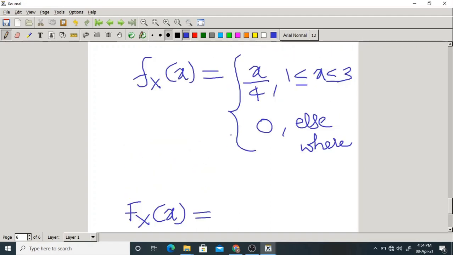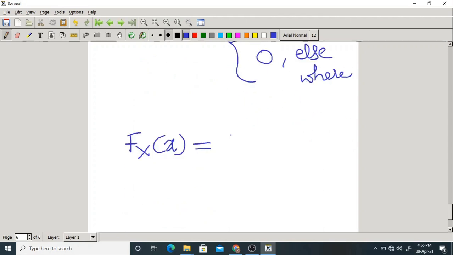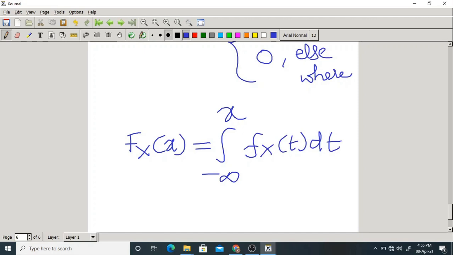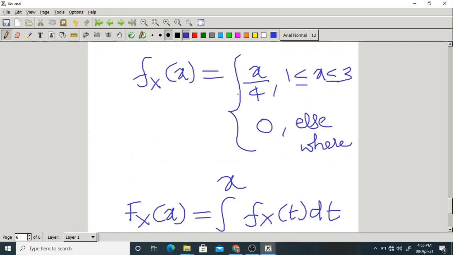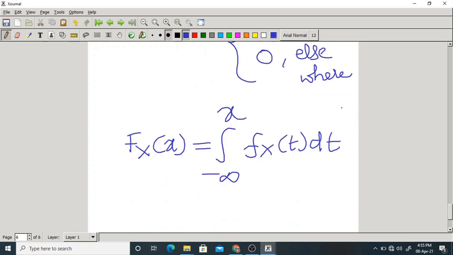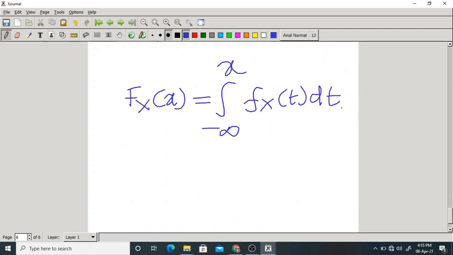What do you do? What does CDF mean? Minus infinity to x of fx of t dt. Okay. Now, what is fx of t? t by 4, for 1 less than t less than 3. Is it okay?